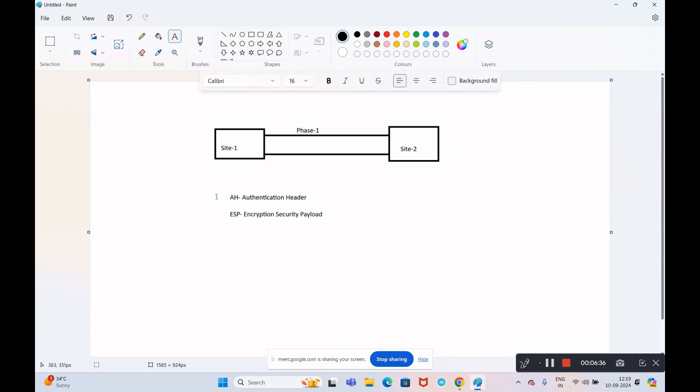These are the two protocols used in phase 2, where both sides will negotiate one of the protocols.